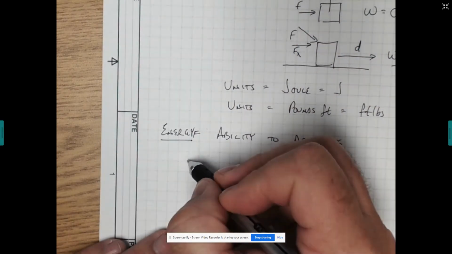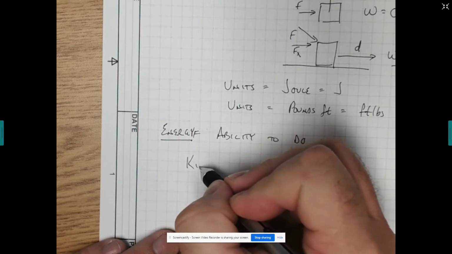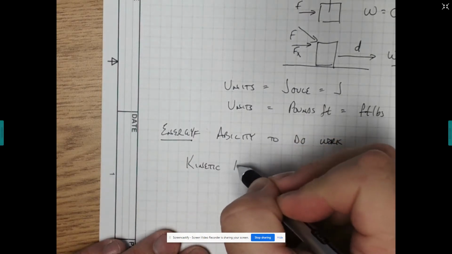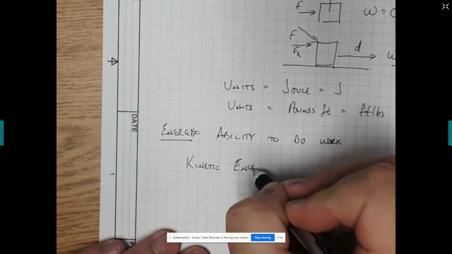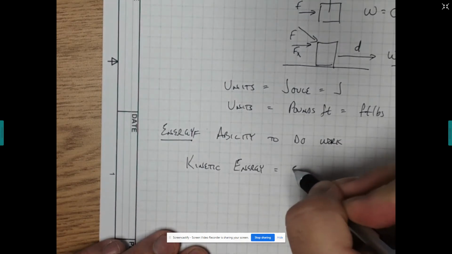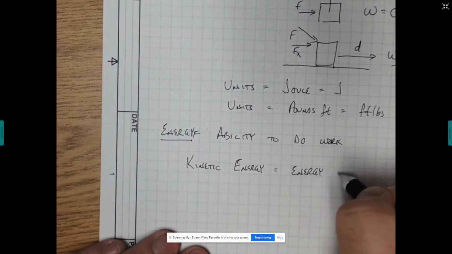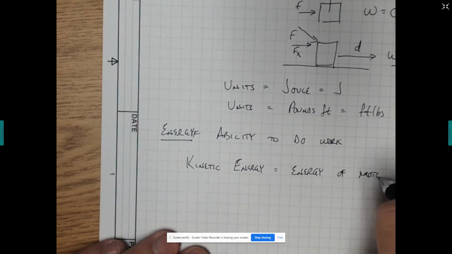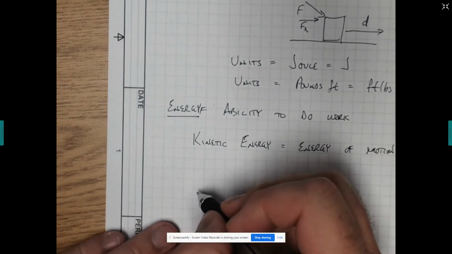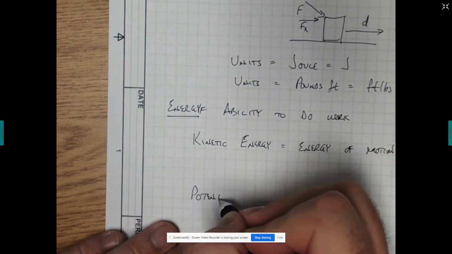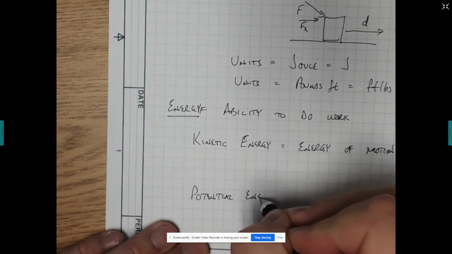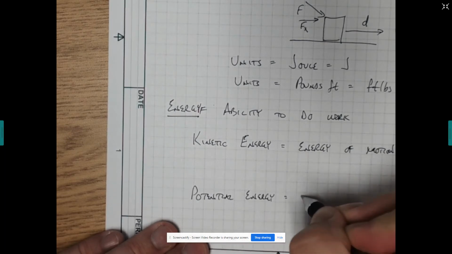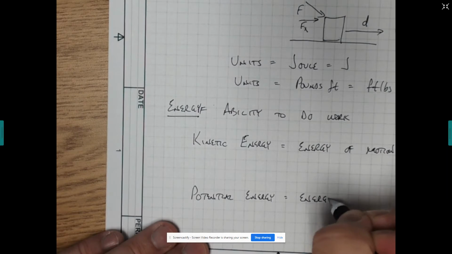Now there's two other types of energy that we talk about quite a bit, and those are called kinetic energy. This is just energy of motion. Okay, and we also talk about potential energy. This is energy of position.